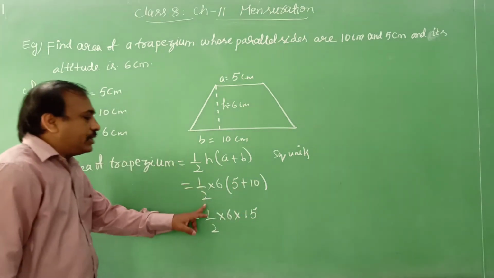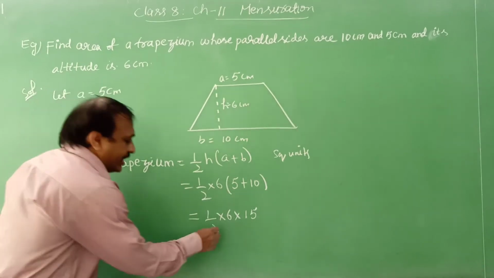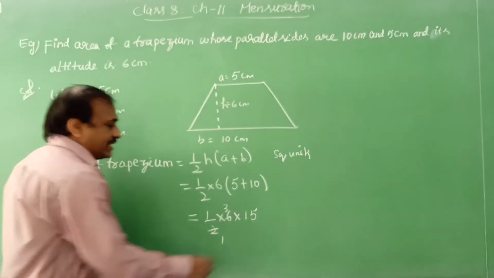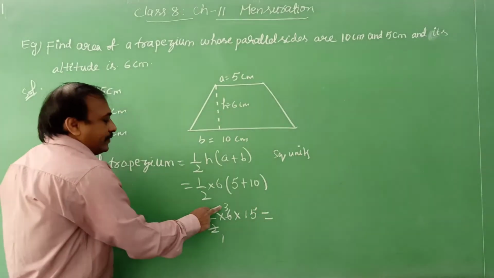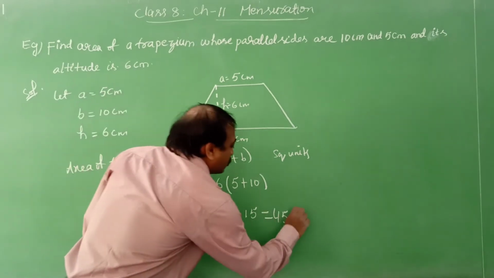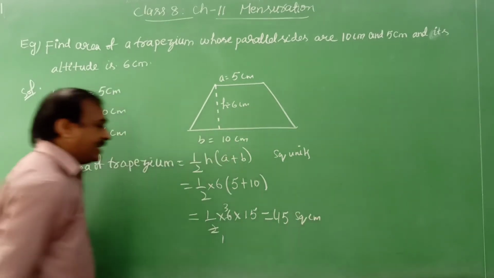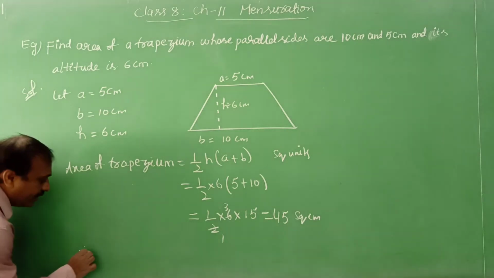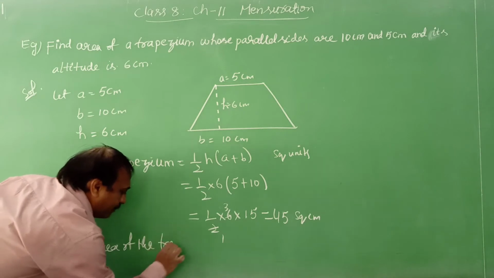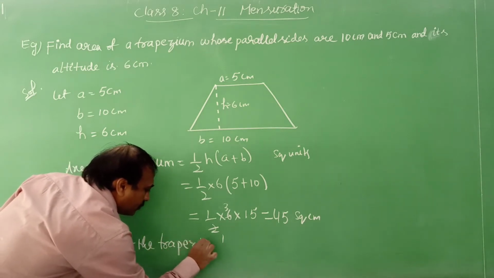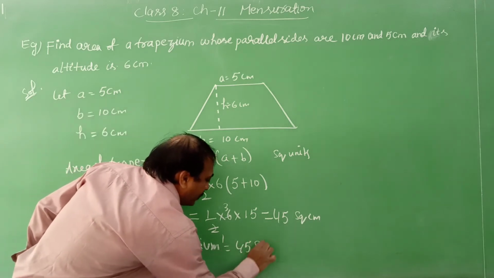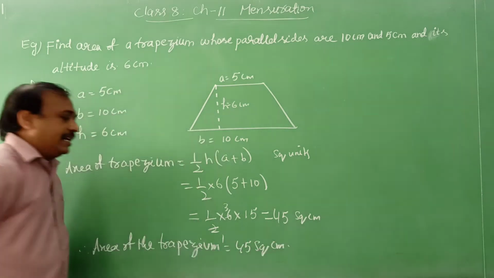Half into 6 into 15; two threes are 6, so it is 3 into 15, which is 45. The area will be in square units. Therefore, the area of the trapezium is equal to 45 square centimeters.